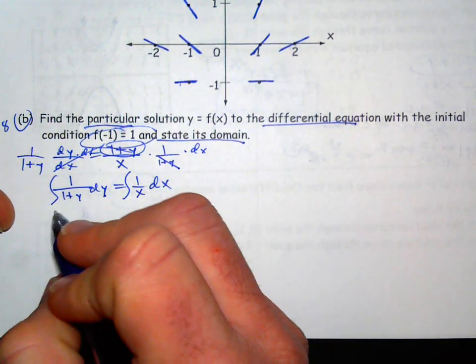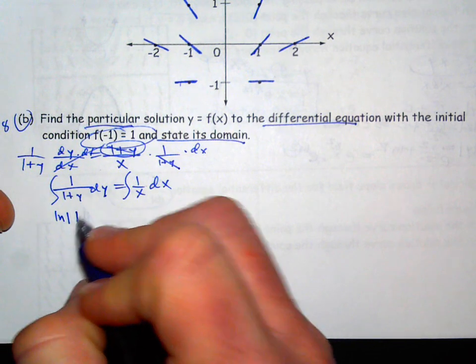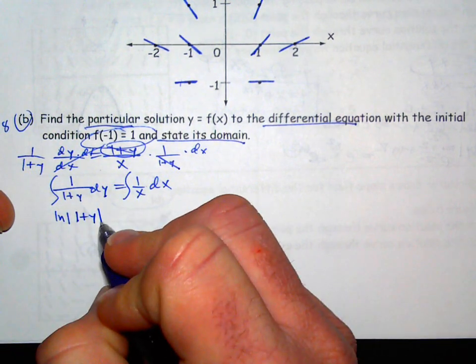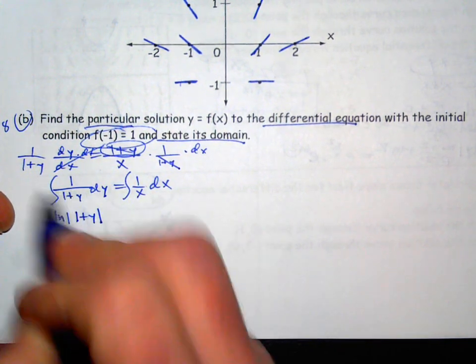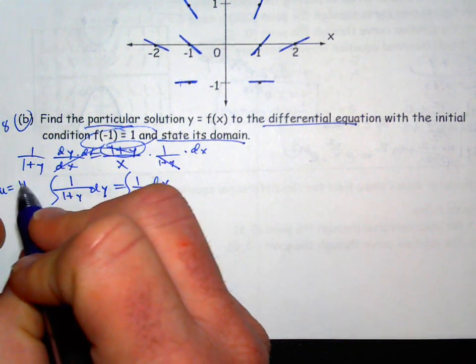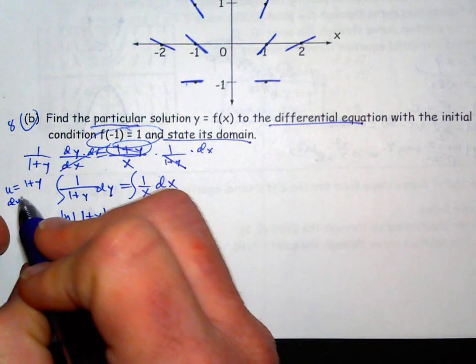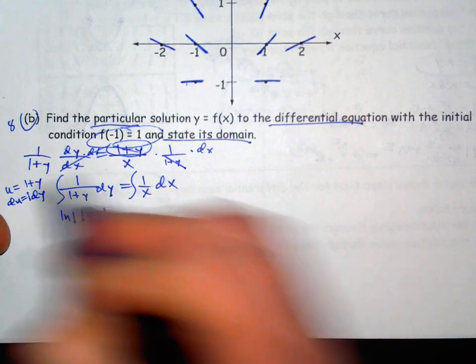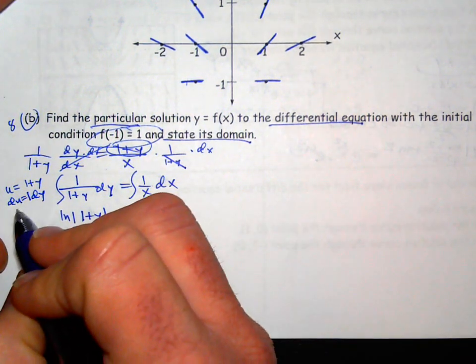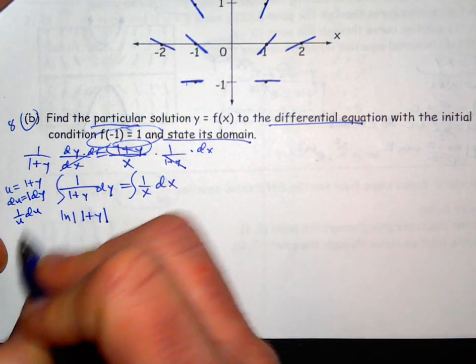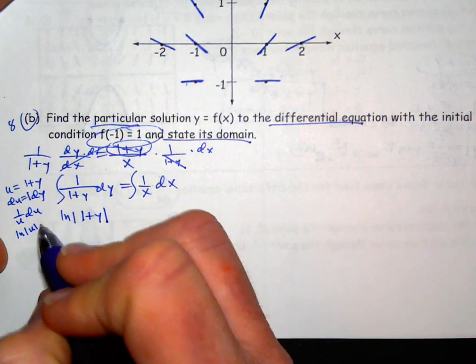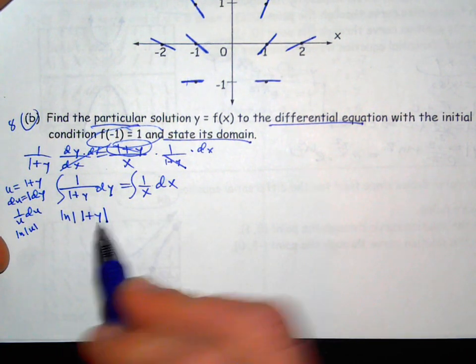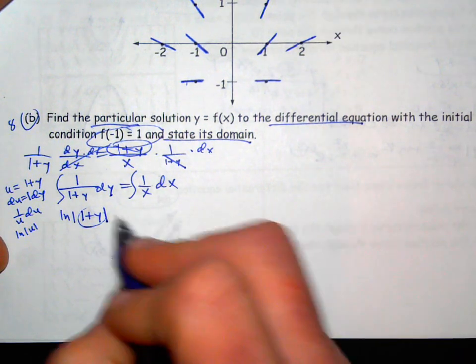We're going to integrate: natural log the absolute value of 1 plus y all together. Now, you could think of this as u substitution. That is an inner function, but it's a very simple one that you don't really need to go through all this. Like you get 1 over u du, and then you get natural log the absolute value u, and then you replug that back in, and that was not that bad.